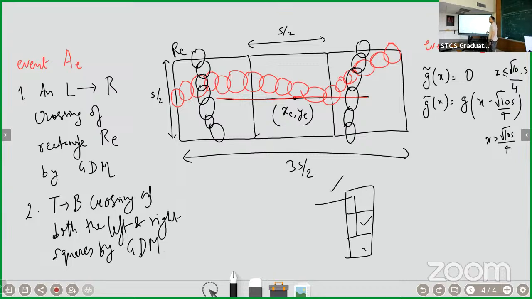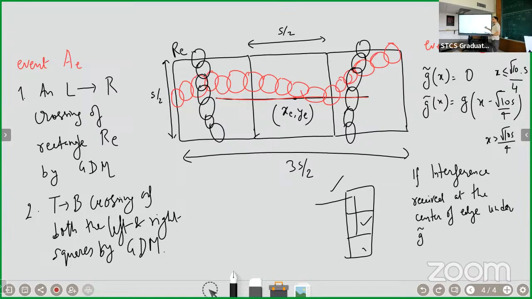So the event B will be defined as follows. If the interference received at the center, which is xc comma y, at the center of the edge, under the function g prime, where the interference was the summation of g over this, and we replace g by g tilde.